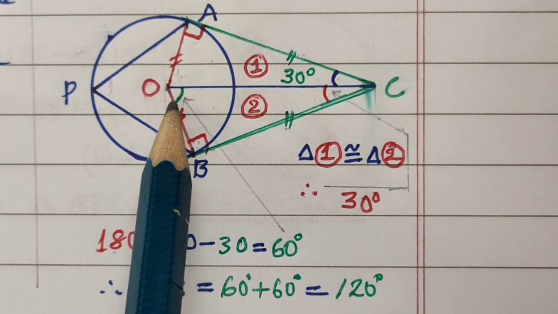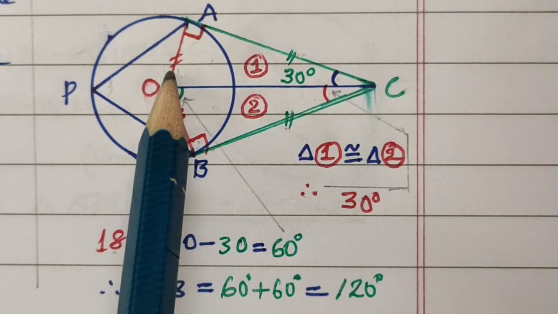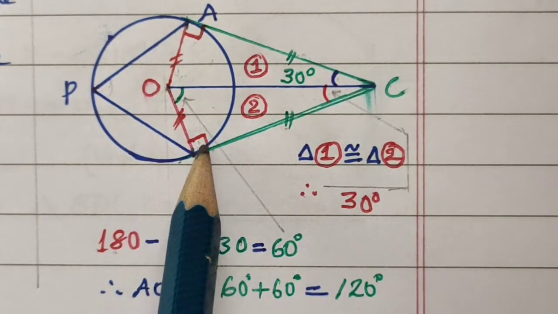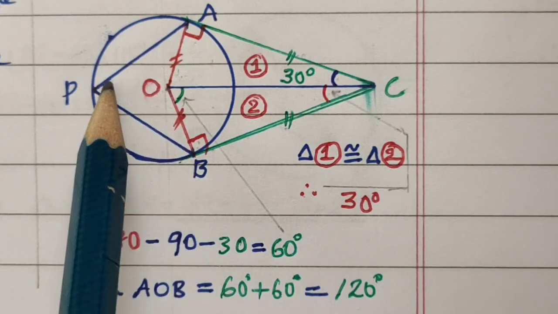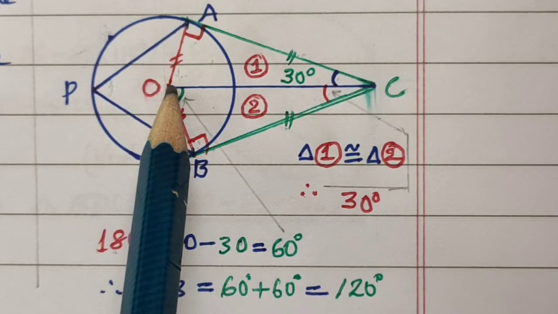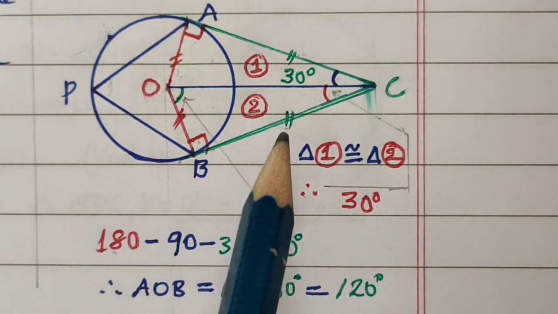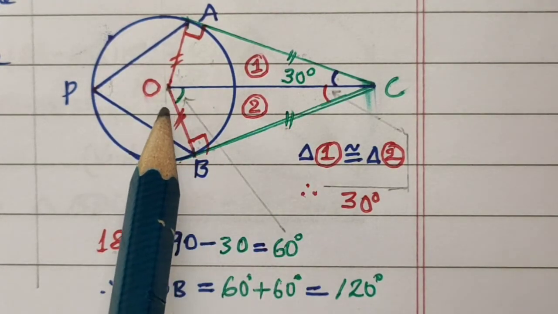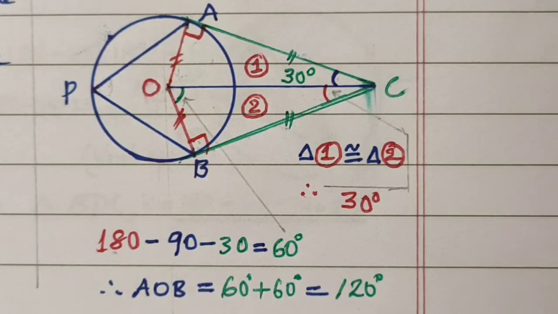Just now we found out the angle here as 120. This is an arc. This is 120. Therefore, this angle is equal to half of this, that is 60 degrees. We found out all the three parts. This is 30 degrees, this is 120 degrees, this is 60 degrees.